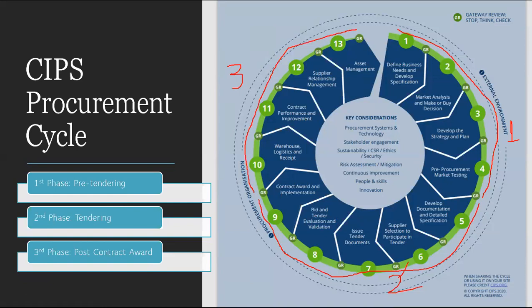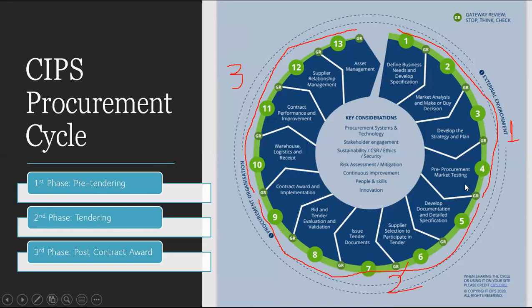And for facilitation, I divided the cycle into 3 phases. Phase number one, I call it pre-tendering. It includes stages 1 to 4.